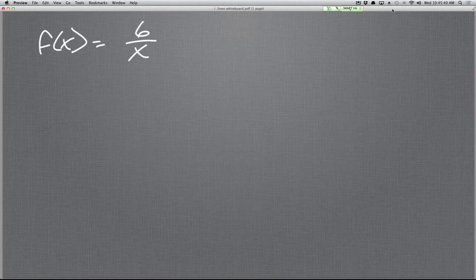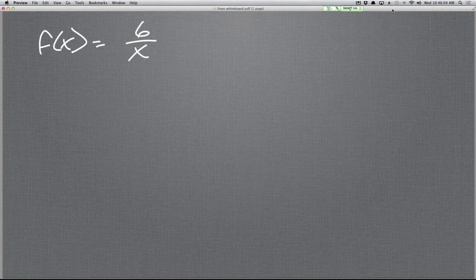So the first thing we want to do is look for holes or asymptotes. And we can look for holes or asymptotes by looking for what? Zeros in the denominator. In this particular case, I have f of x equals 6 over x. So what's going to make the denominator 0?